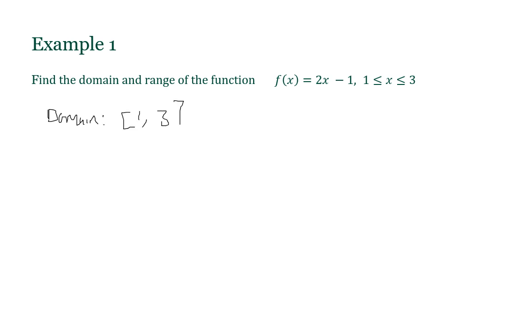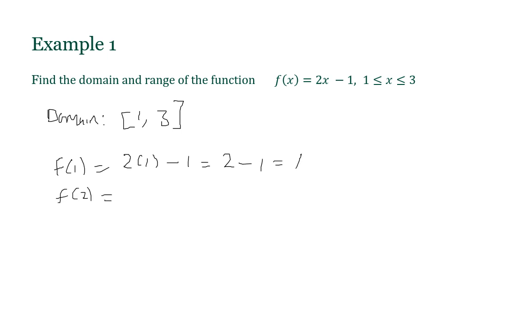To find our range, we have to find what are the possible outputs that we can get. So we can start by computing f of 1, starting with the 1 in the domain, which will be 2 times 1 minus 1, and this will be 2 minus 1, which is equal to just 1. Then we compute f of 2.